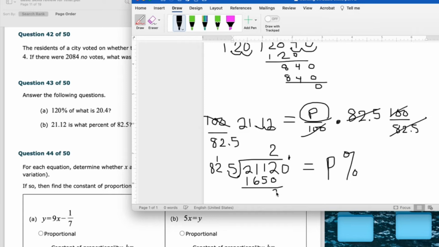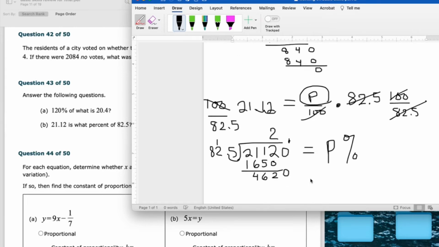Subtract. 11 minus 5 is 6. 0, because that was borrowed. 0 minus 6, 10 minus 6 is 4. And there's nothing there because we borrowed. Bring down the 0.